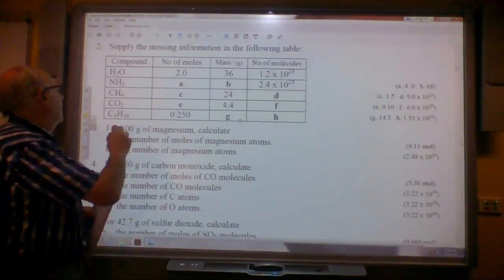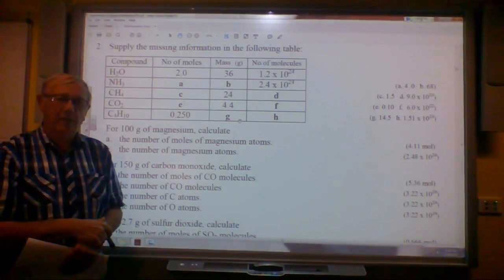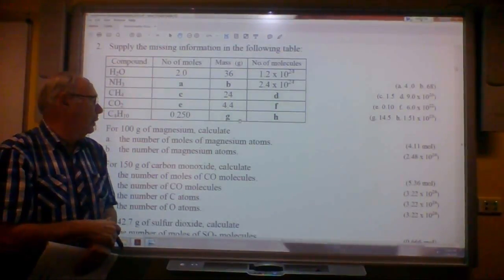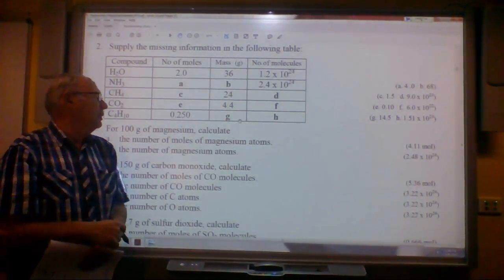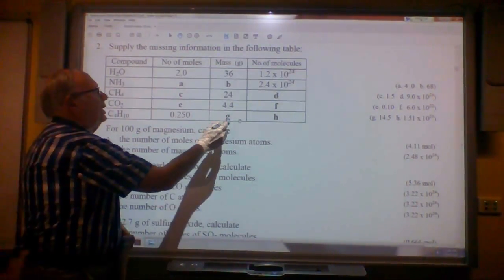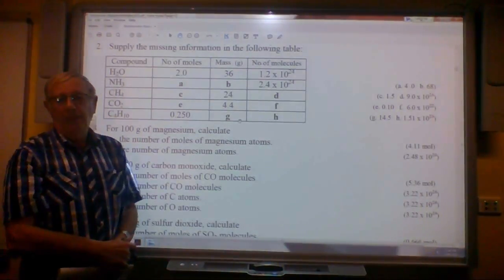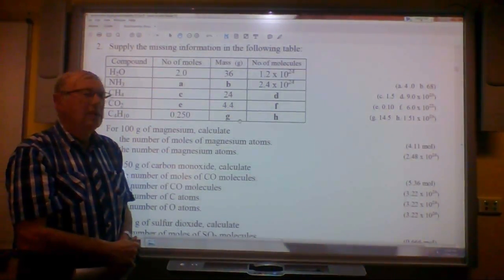is butane, C4H10. That's called butane. And what we have this time is 0.25 moles of that. So again, in order to work out the mass, what we've got to do is to work out the mass of 1 mole.